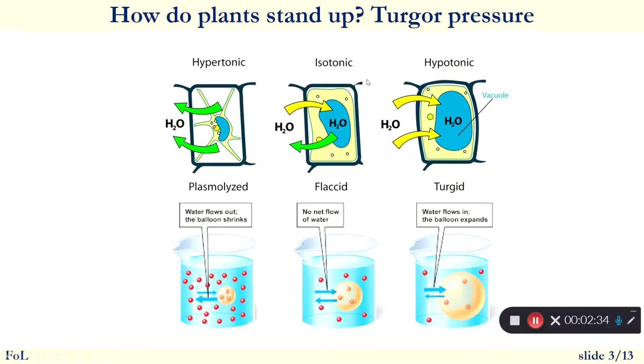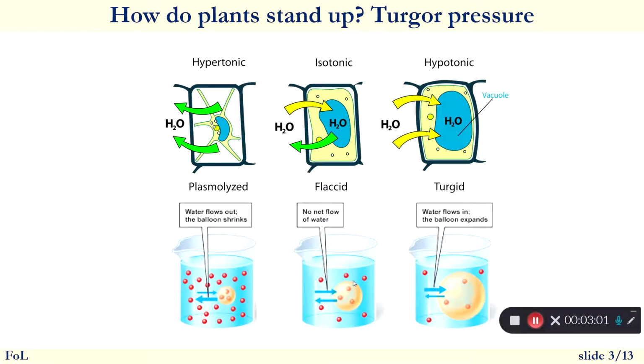So those have the same concentration inside the cell and outside the cell, or in this cartoon down here, inside and outside the balloon. And so through random motion of molecules, you'll have water moving in between the cell or the balloon and the surrounding water, but there won't be any net change in water.